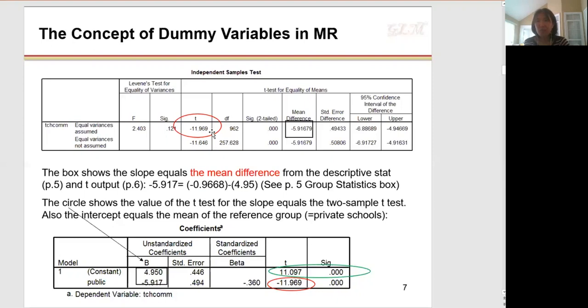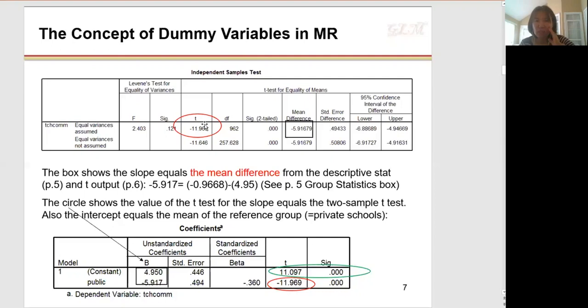If you don't remember that, just Google it, the 68, 95, and 99.7 rule. Then you'll find the probability, percentage, and test values, something like that.